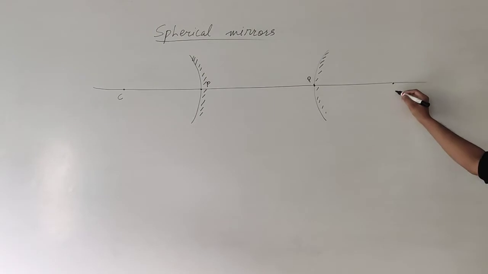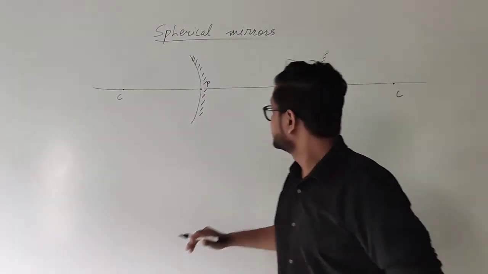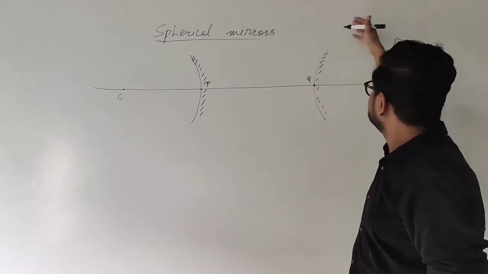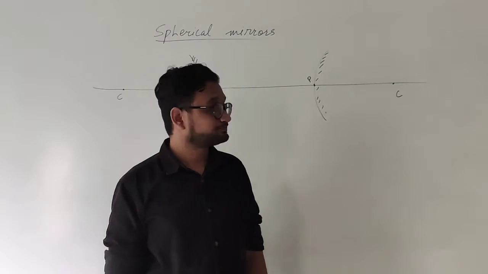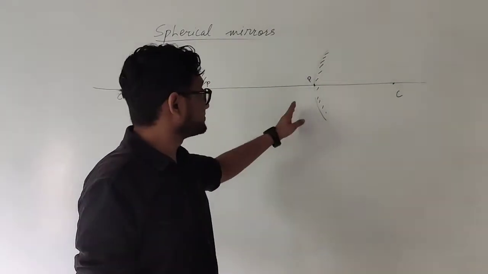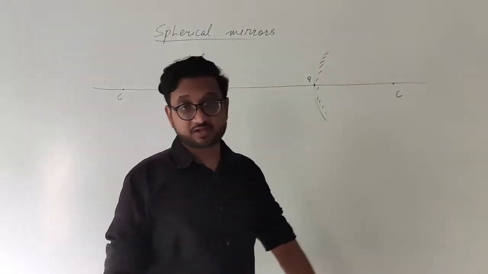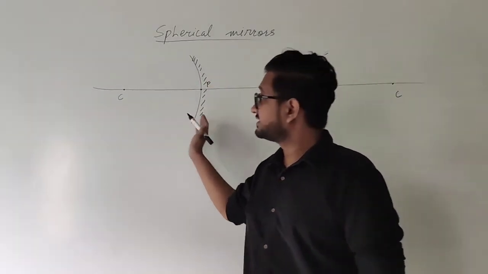In this case, once again we have the center of curvature, but behind, because the spherical mirror is on that side. So the center of curvature for a convex mirror is always behind the mirror. Understood? And for the concave mirror, it is always in front of the mirror.